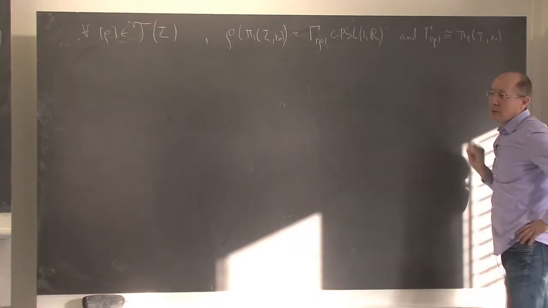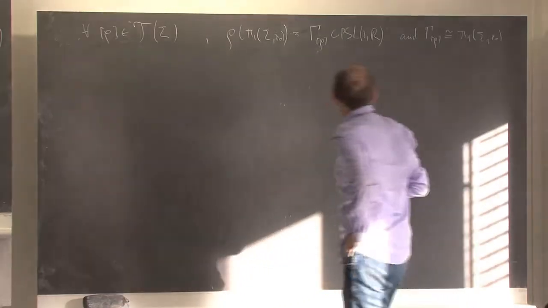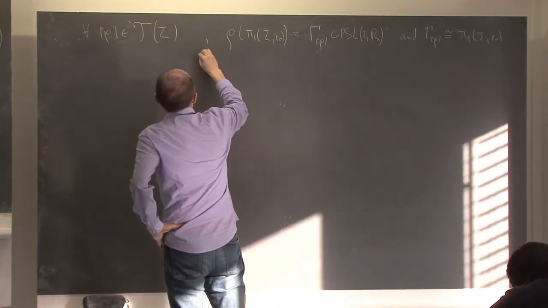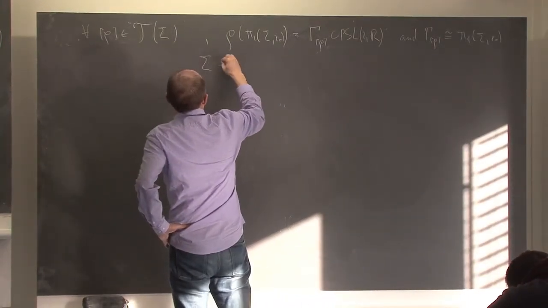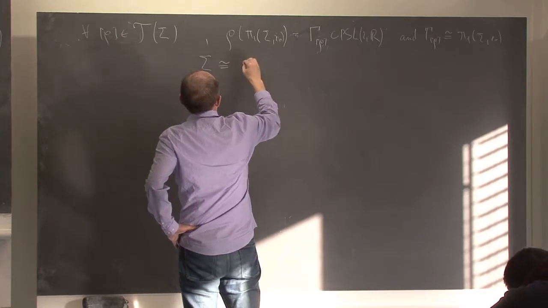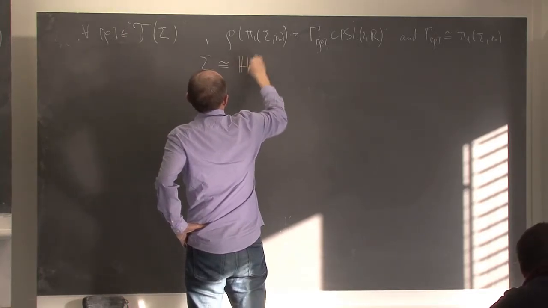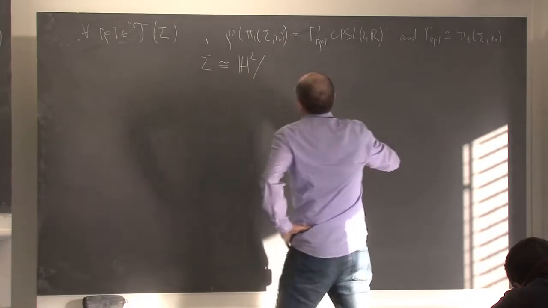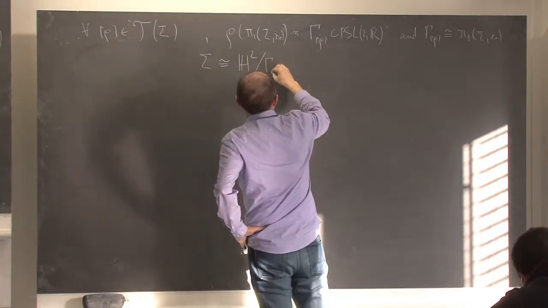And correspondingly, the surface sigma is identified with the quotient space of the hyperbolic space with respect to this subgroup.